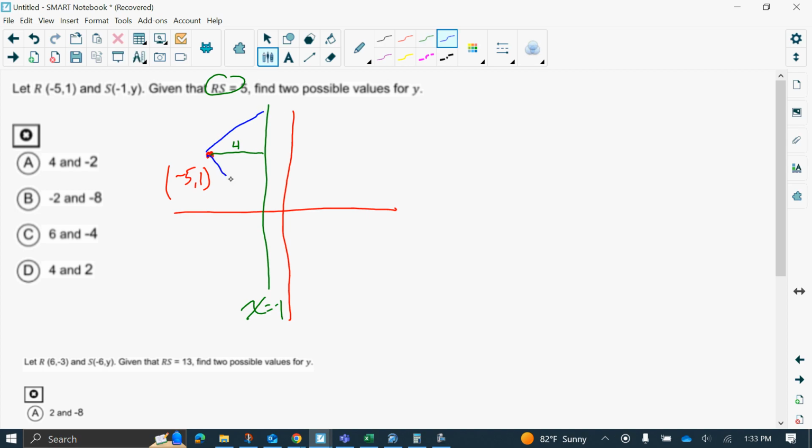So it's either going to be that way 5 or this way 5. Well, we're going to use the Pythagorean theorem. A squared plus b squared equals c squared. Well, we've got b and c right there. So there's 4 squared plus a squared equals 5 squared. And we're just looking for a.